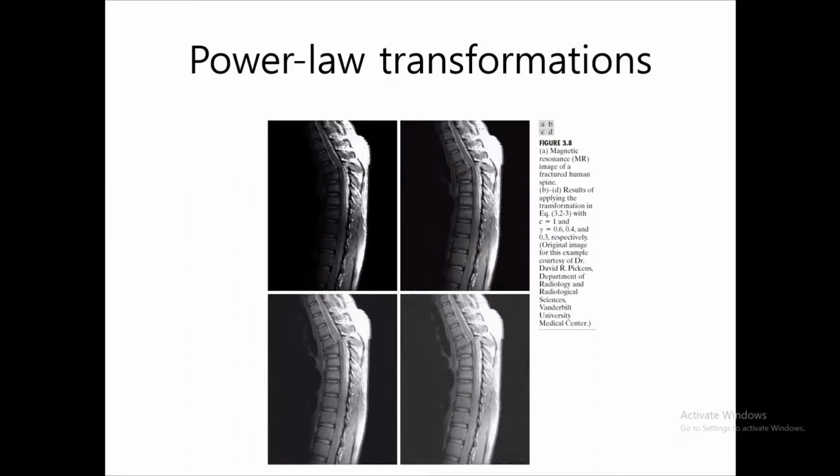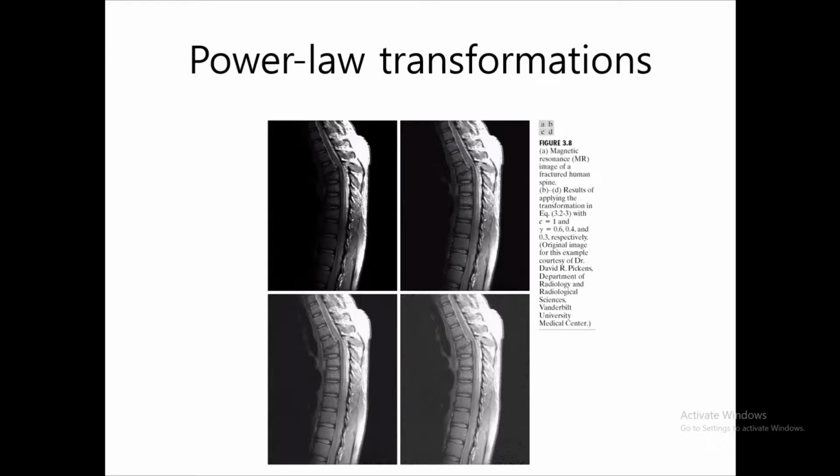Here we see different values of gamma, with C set to 1: gamma values of 0.6, 0.4, and 0.3, with the original image and the transformed images. We can see more details and contrast in the gamma corrected image.